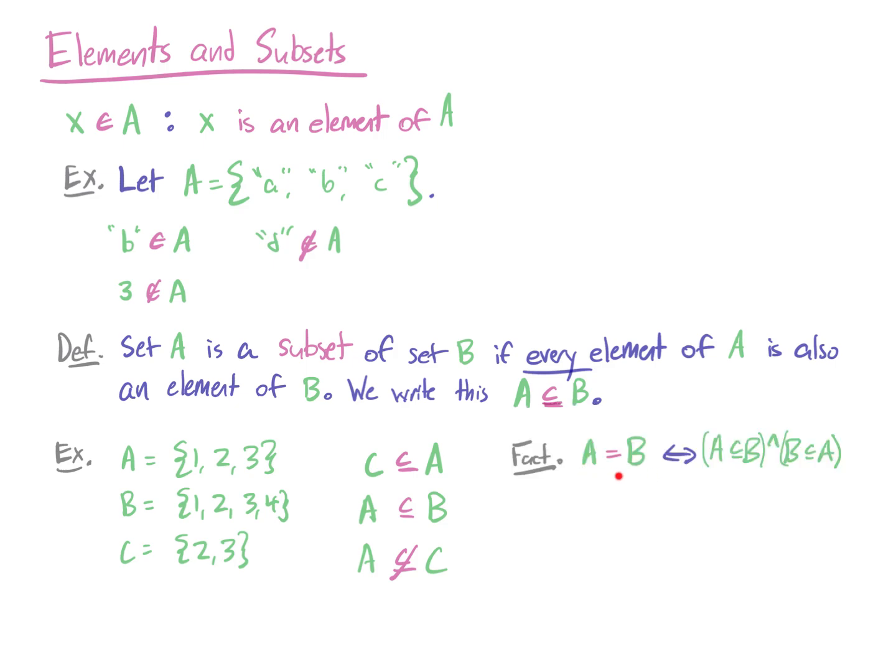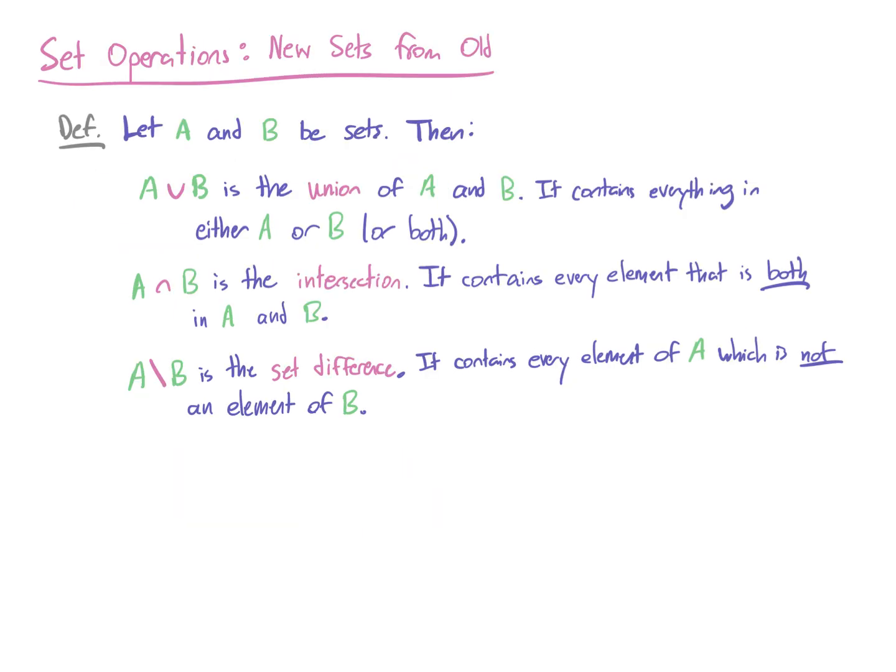So we say that set A is equal to set B if it's the case that A is a subset of B and, logical and, B is a subset of A. Later in the course, we'll learn how to use a technique called the element method in order to prove statements like this, to prove that A is equal to B as sets by showing that A is a subset of B and B is a subset of A.